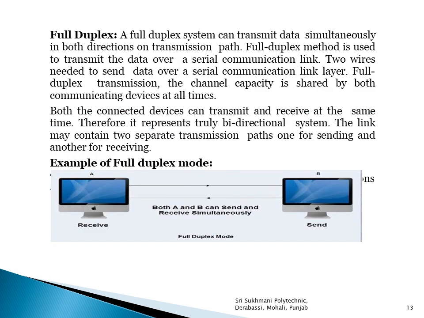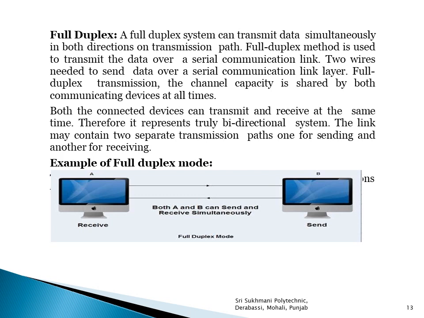Full duplex means we can transmit data in both directions at the same time. Full duplex mode is used to transmit data over a serial communication link. So two wires are needed to send the data.